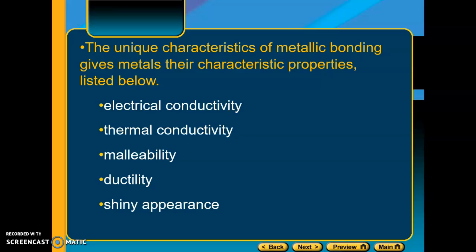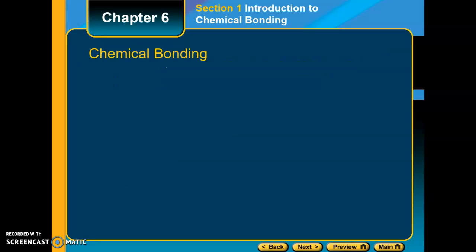These free moving electrons also carry energy very well, so they're good thermal conductors. Because of this freedom to move, metals also are very malleable and ductile. And these electrons are free to reflect light very easily as well, and that's what gives many metals their shiny appearance.